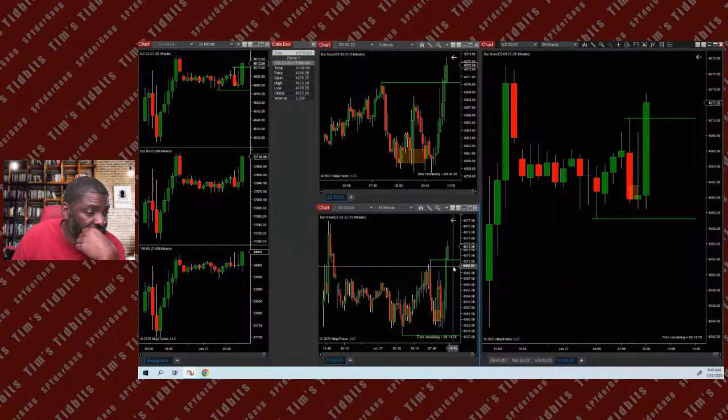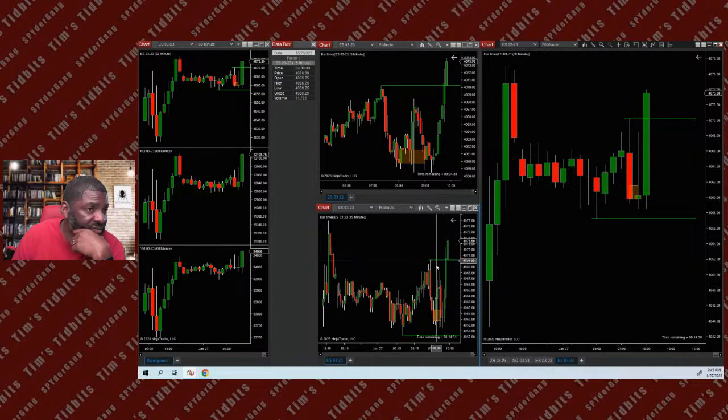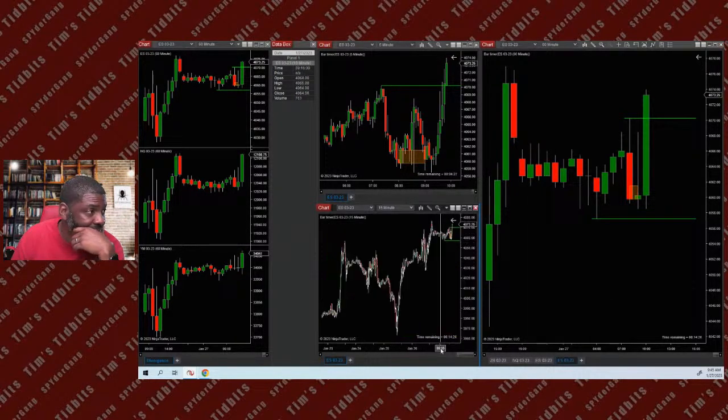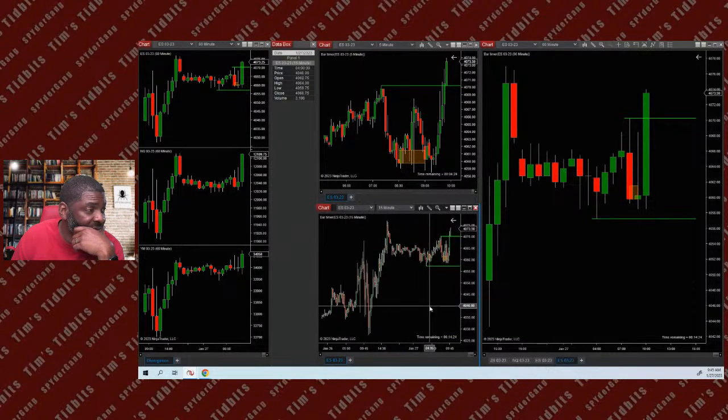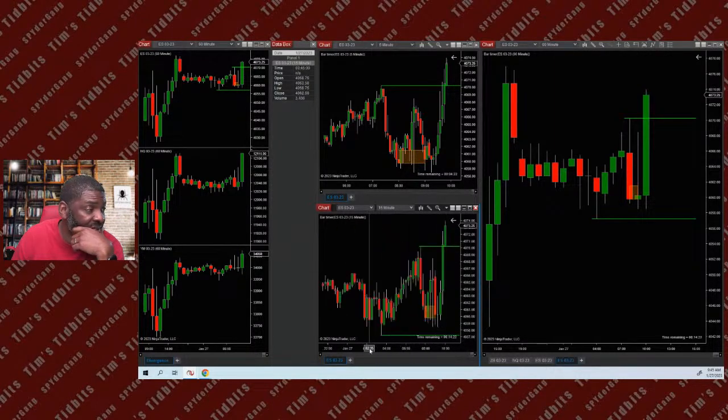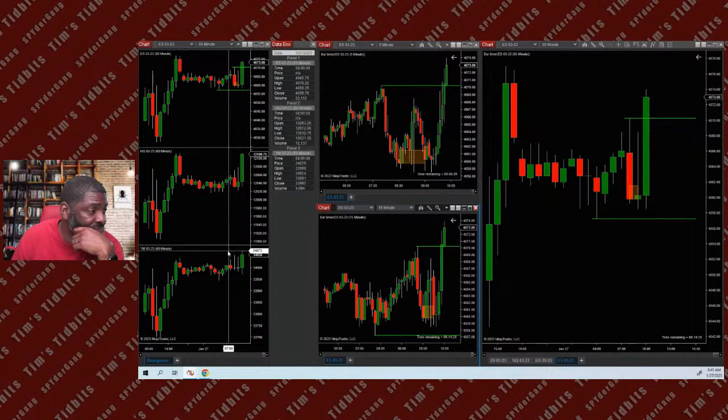Watching to see if it forms some type of opportunity in this area here, right at the breaking market, right at the buy side. That's what I'm watching right now, because right now we're just running. The NQ has woke up, trying to get that high.